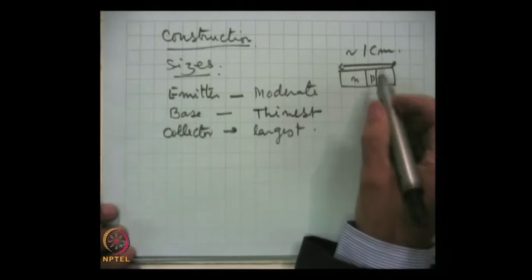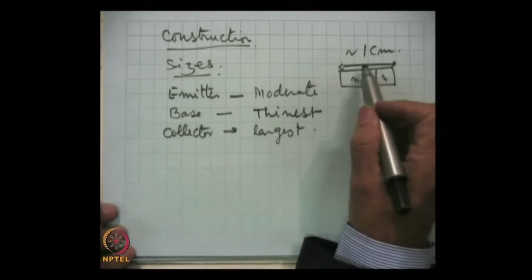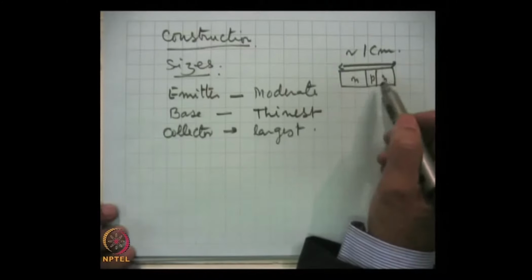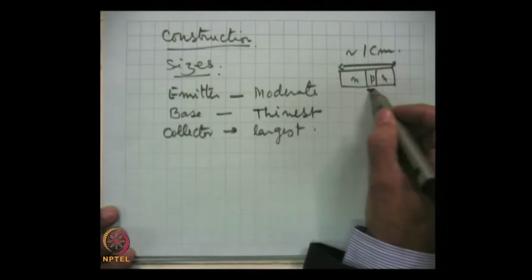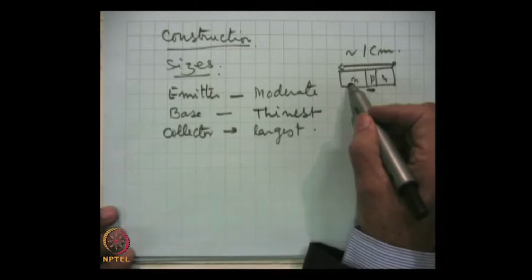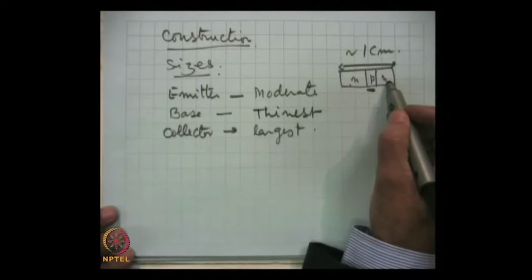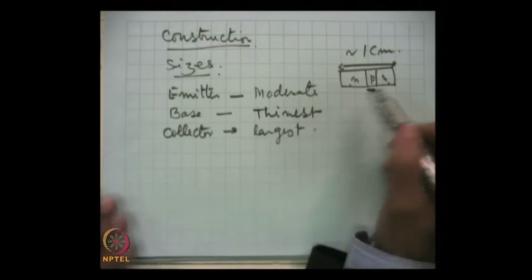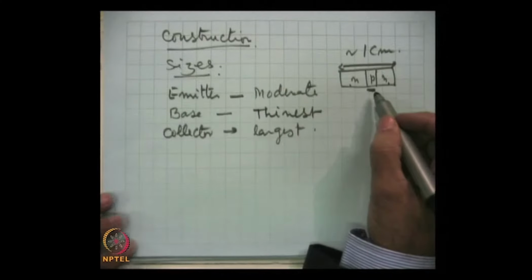So, anyway, for us it is good enough that the size is around 1 centimeter. Now, base is thinnest, emitter is moderate and the collector is largest. Why are these sizes like that? That will become clear as we proceed to understand the working of the transistor. Now, let us talk about the doping levels in the 3 regions.